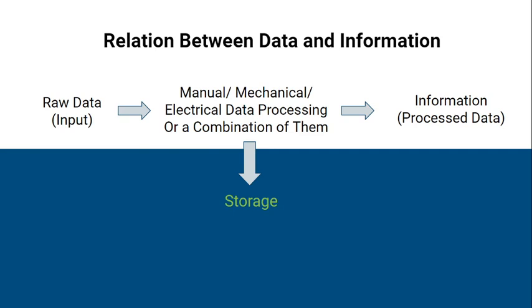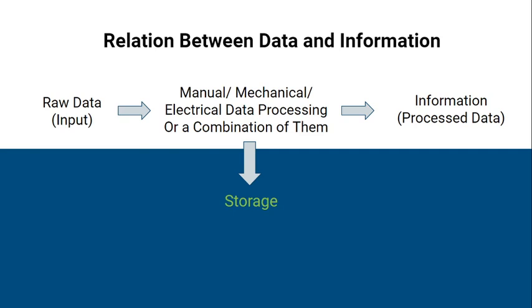Alternatively, the processed data or information may be stored in the storage device also. Now, the information which is stored in the storage devices may also be processed in future, either manually or mechanically or electronically or a combination of them, so that more and more meaningful information can be obtained.